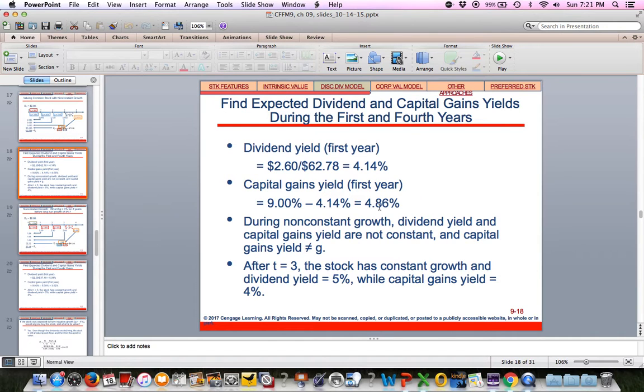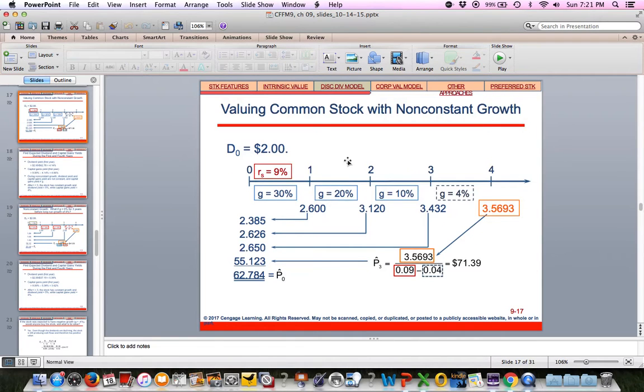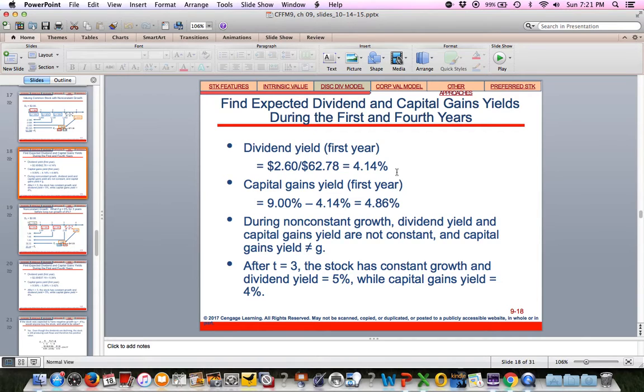And then we do the capital gains, which is simply, we know that the required rate of return is 9%. So if the dividend yield was 4.14%, the capital gain yield must be 4.86%. During the non-constant growth years, dividend yield and capital gains yield are not constant, and capital gains yield will not equal the required rate of return. After year 3, though, they will become constant.